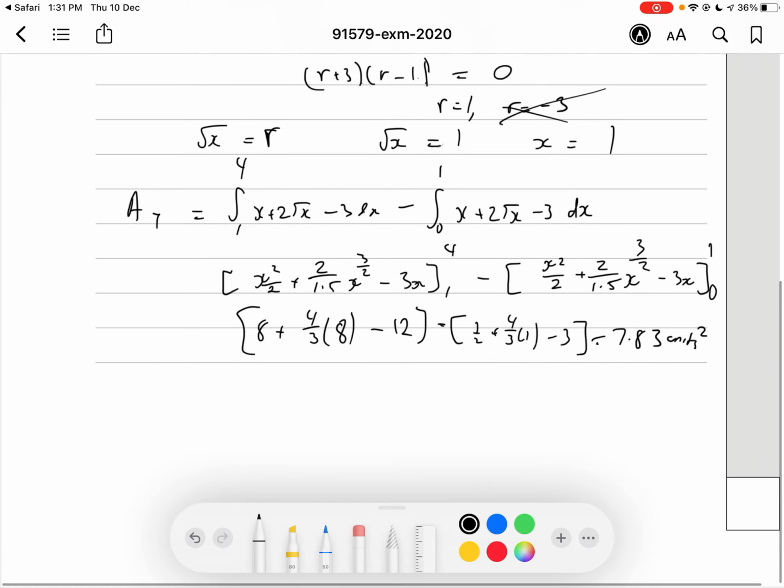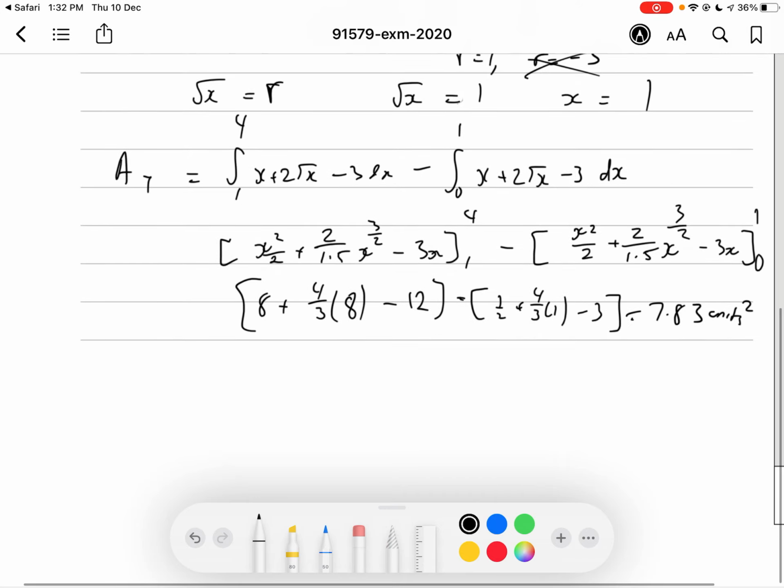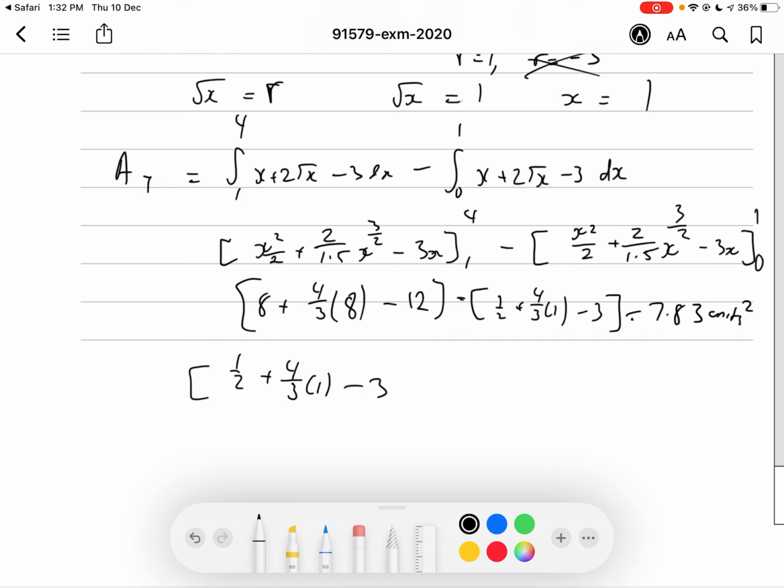And we need to do the negative of the integral from x equals 1 to x equals 0 of the same graph. That one should give us 1 over 2 plus 4 over 3 times 1 minus 3. But it's a negative there, so forget that. So we have 1 over 2.